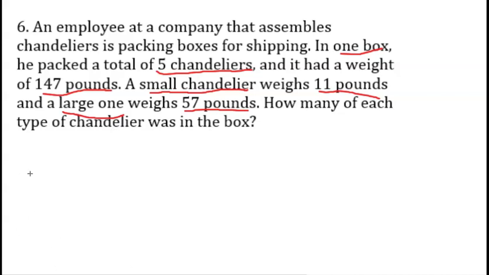So we want to set up our system first. We have a small chandelier and a large chandelier. So we'll let X equal the small chandelier and Y represent the large chandelier.